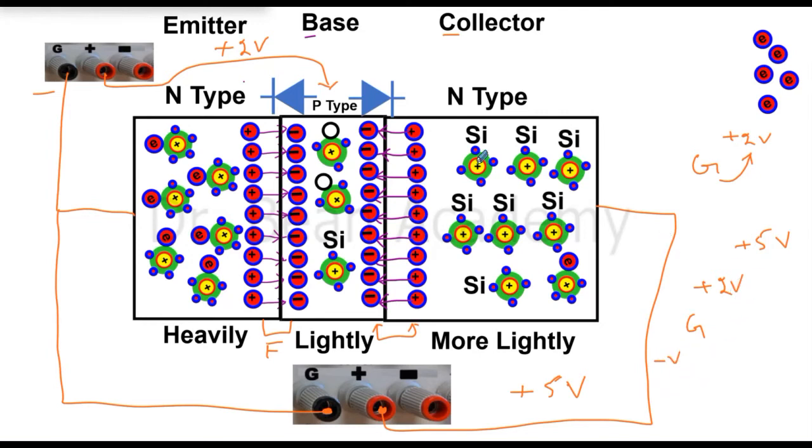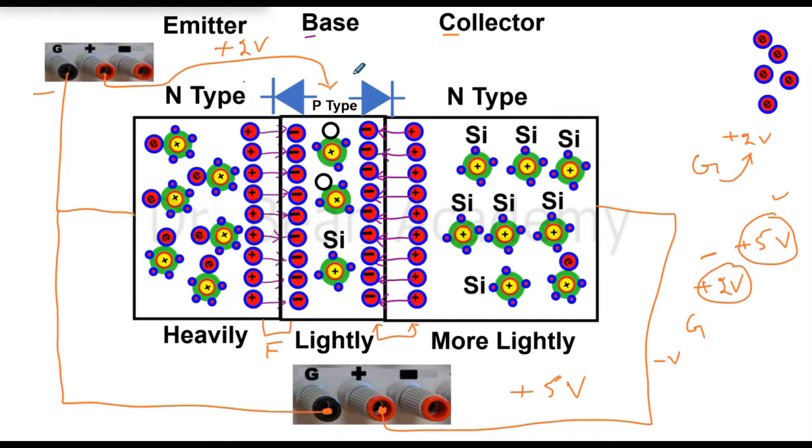If I just take it as an individual PN junction, then the n-type side is connected with the positive side, and the p-type side is connected with the negative terminal, because plus 2 is at lower potential than plus 5 volts. Plus 5 is more positive than plus 2 volts, so plus 2 is like a negative terminal.